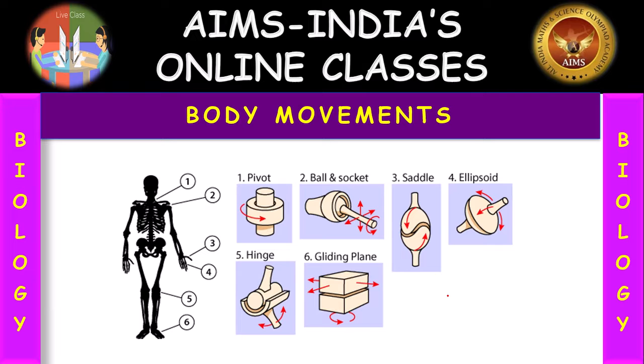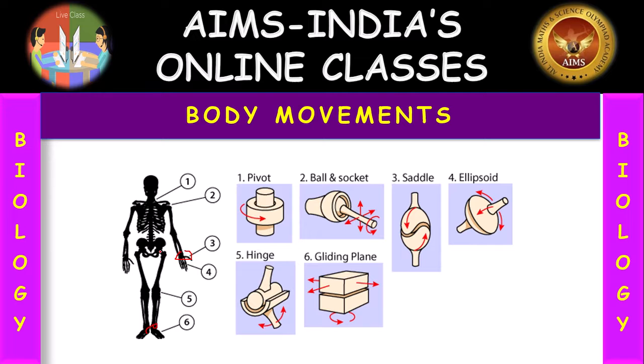These are present in the wrist, the ankle, and between the sternum and clavicle. Saddle joints between the carpals and radius permit movement in two planes at right angles to each other.